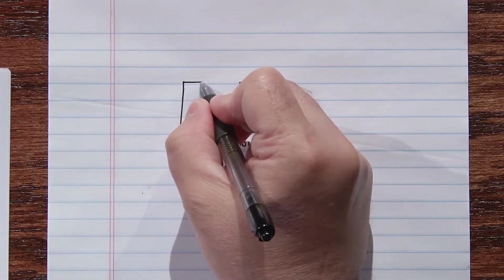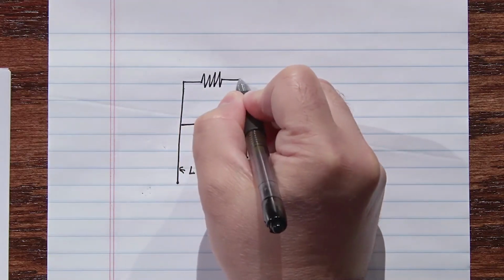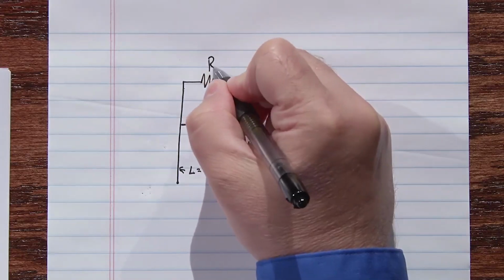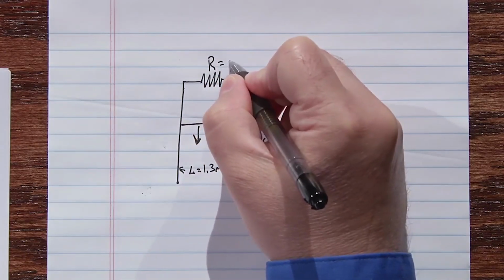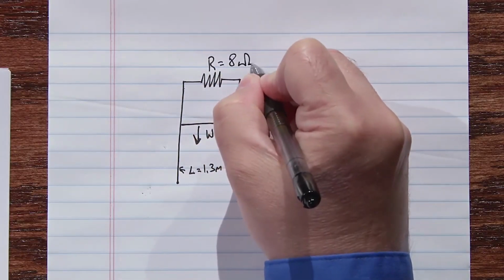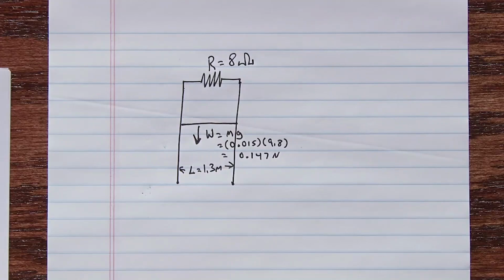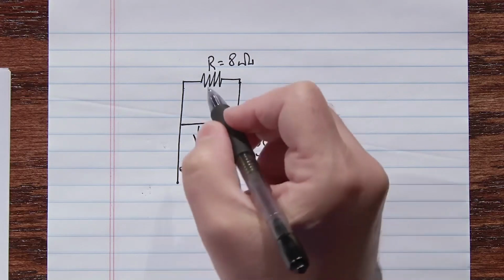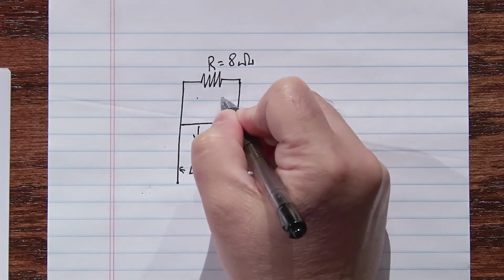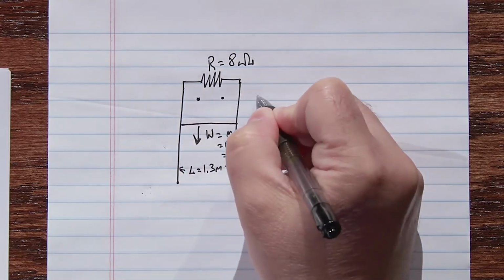There is a resistor with a resistance of 8 ohms. That's a capital Greek omega representing the unit of ohms. And there is a magnetic field that is out of the page.